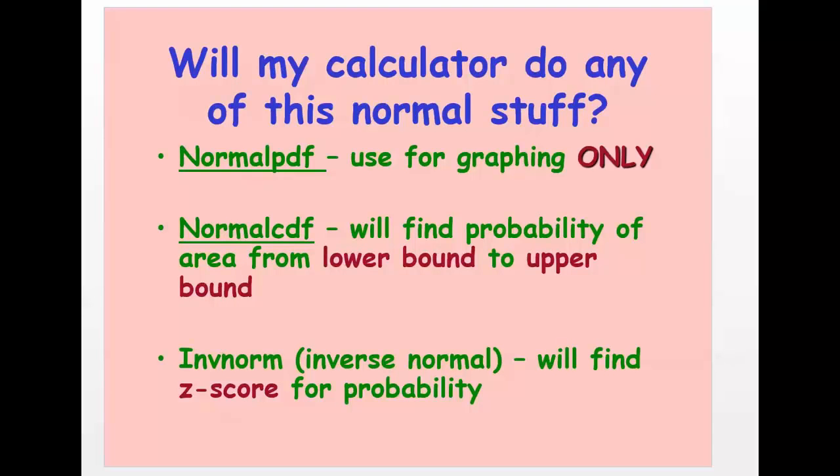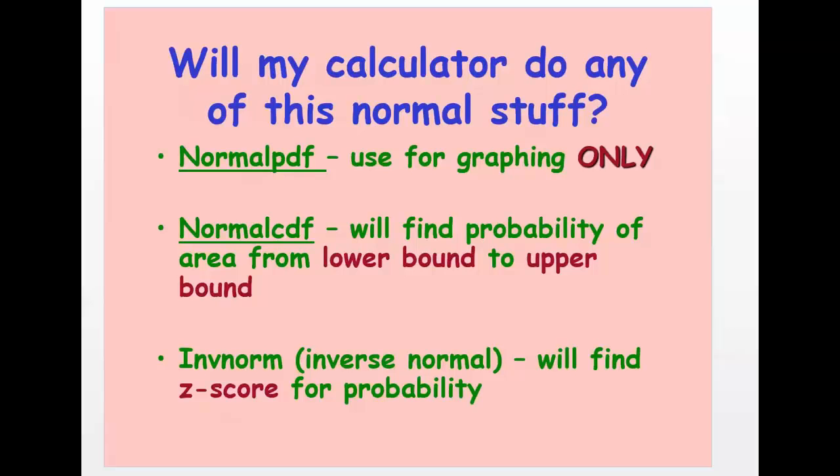Normal CDF is what we spend most of our time looking at. Inverse norm, we'll get to that. It's when we're given a p-value and a probability, and we want to find the z-score related to it. So a normal CDF is when we want a probability and we're given some sort of upper and lower bound.